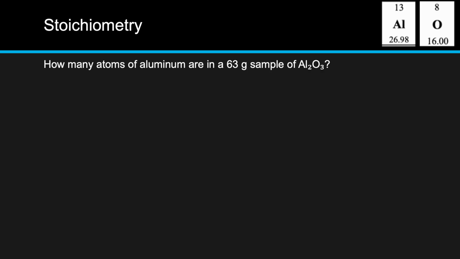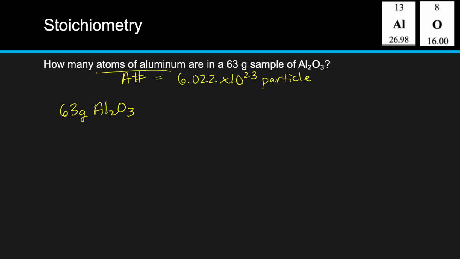All right, in the very last question of our summer prep document, how many atoms of aluminum are in 63 gram sample of Al2O3? So we have 63 grams of Al2O3. It's asking for atoms, which is Avogadro's number. Avogadro's number is 6.022 times 10 to the 23rd particles, which particles is like an umbrella term for molecules, formula units, atoms, really whatever you have.